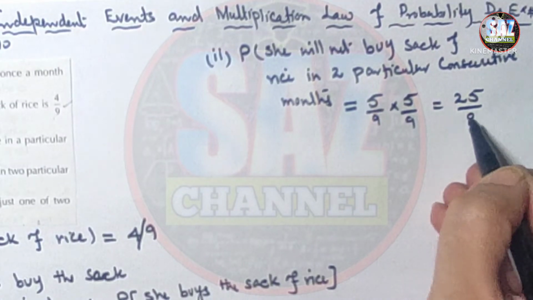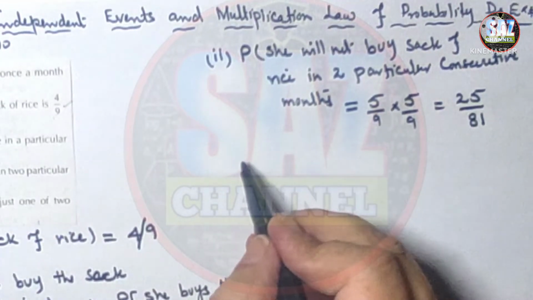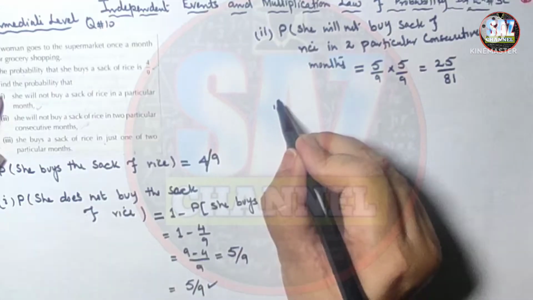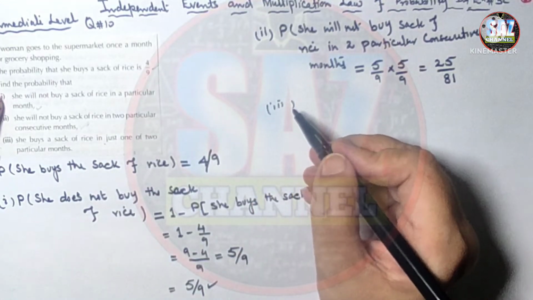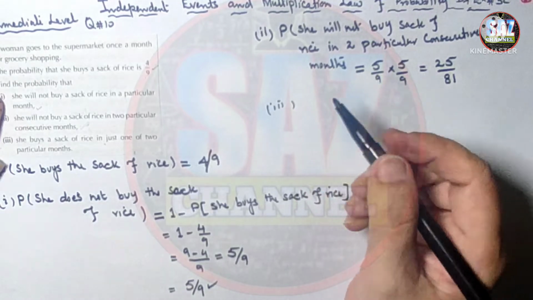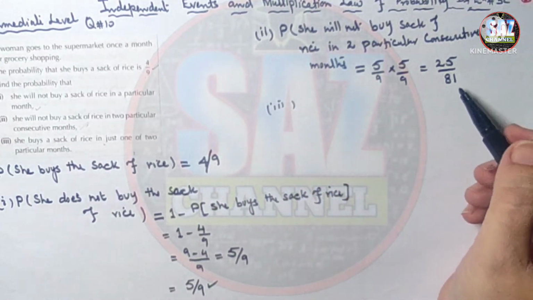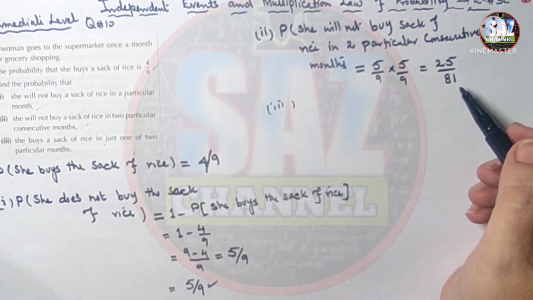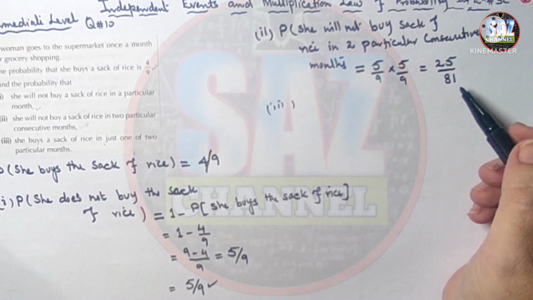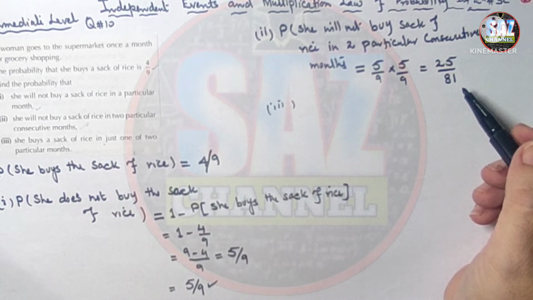Okay, the third part says that she buys the sack of rice in just one of the two particular months. Now try to understand this in this way: there is no restriction that she buys the sack of rice in the first month or in the second month.